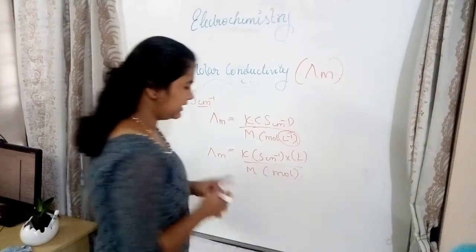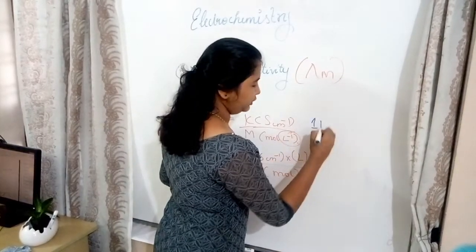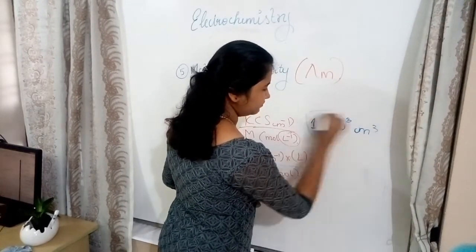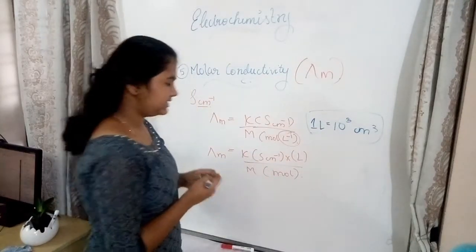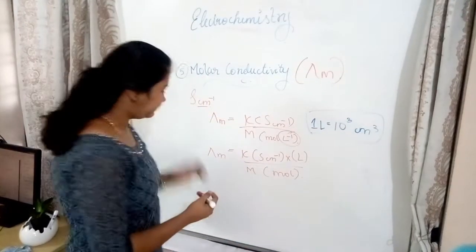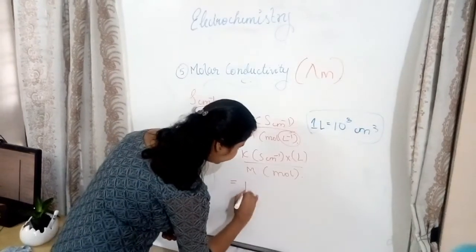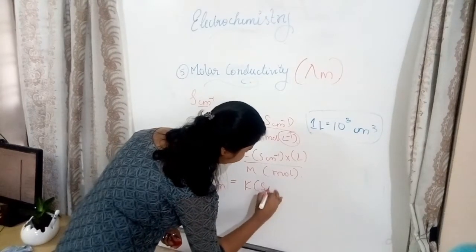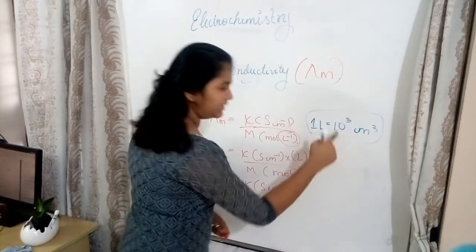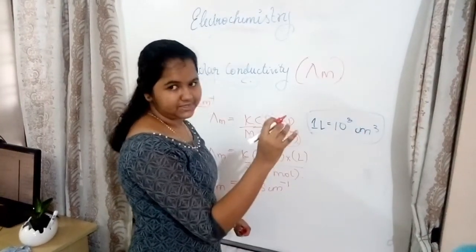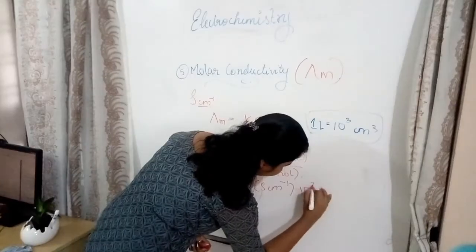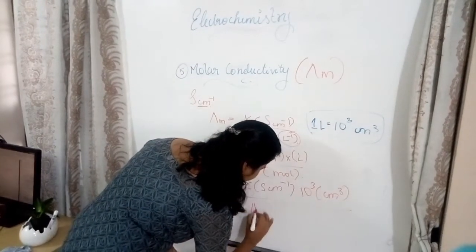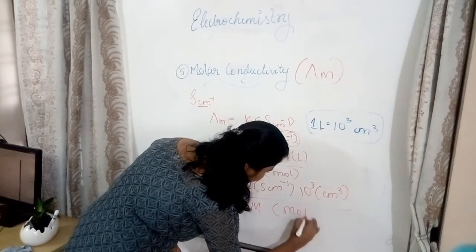Okay. And we know that 1 liter is equal to 10 raised to 3 centimeter cube. So let us write it over here. Molar conductivity is equal to kappa, Siemens centimeter inverse, into liter, which we will write as 10 raised to 3 centimeter cube, divided by molarity into mole.